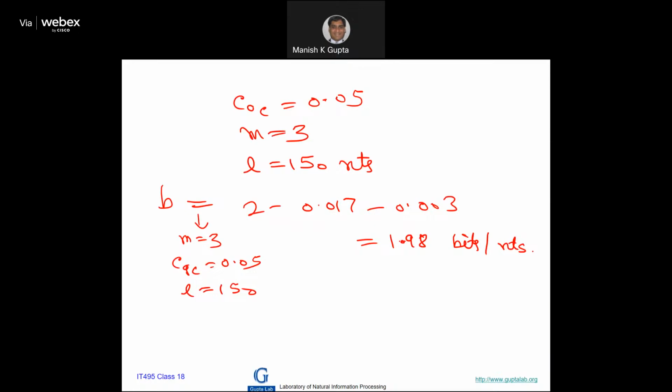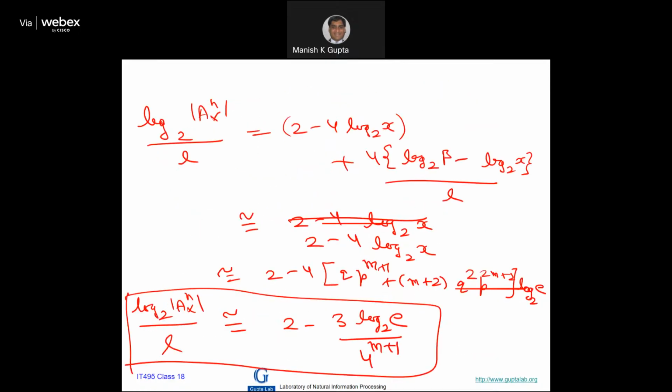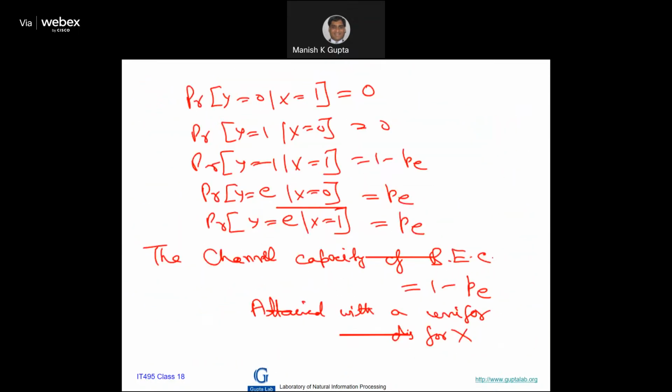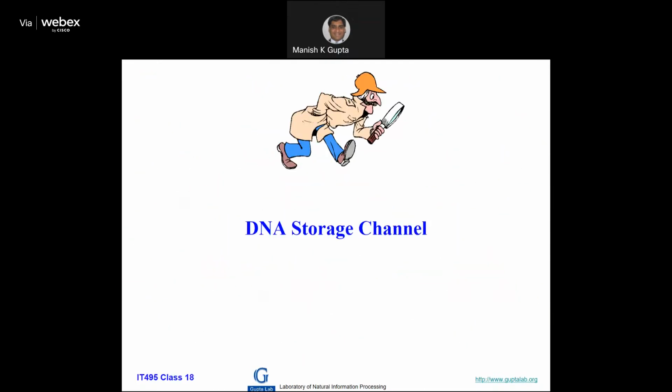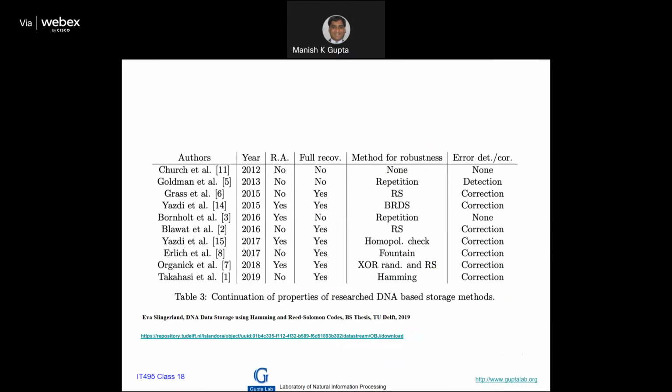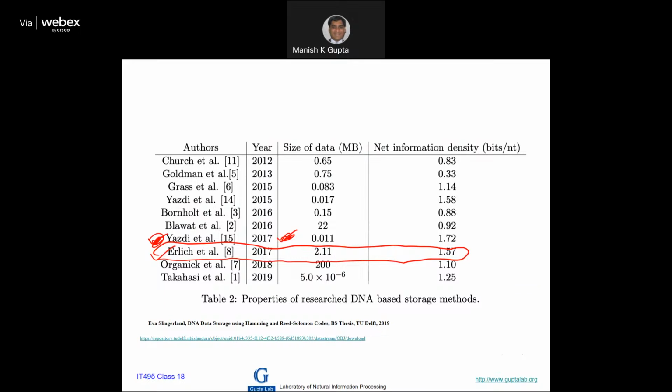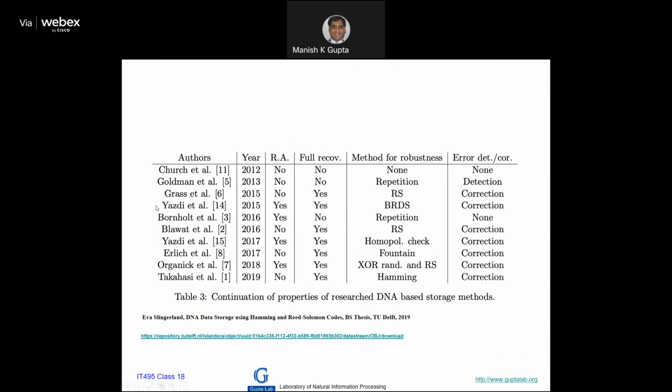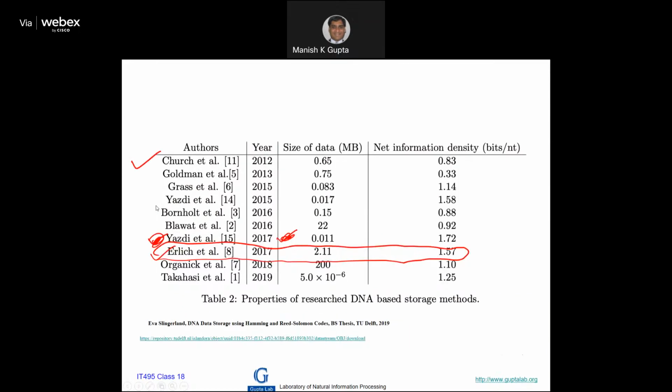Now, in most of the schemes that I have discussed, 4 or 5 schemes, for example the Church paper, Goldman paper, Robert Grass paper, SD, we have talked about at least this one and this one.